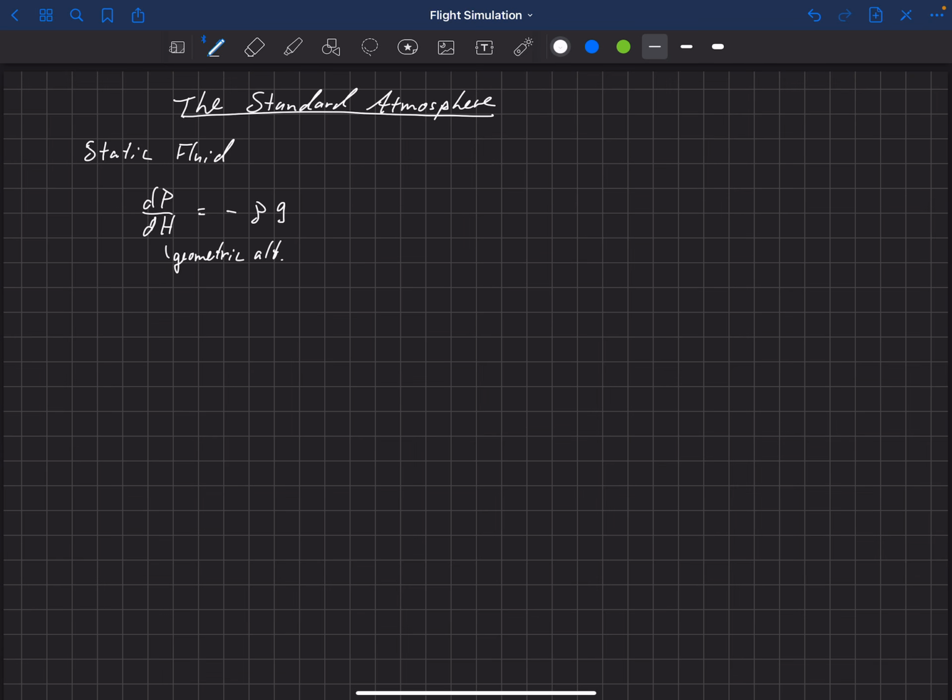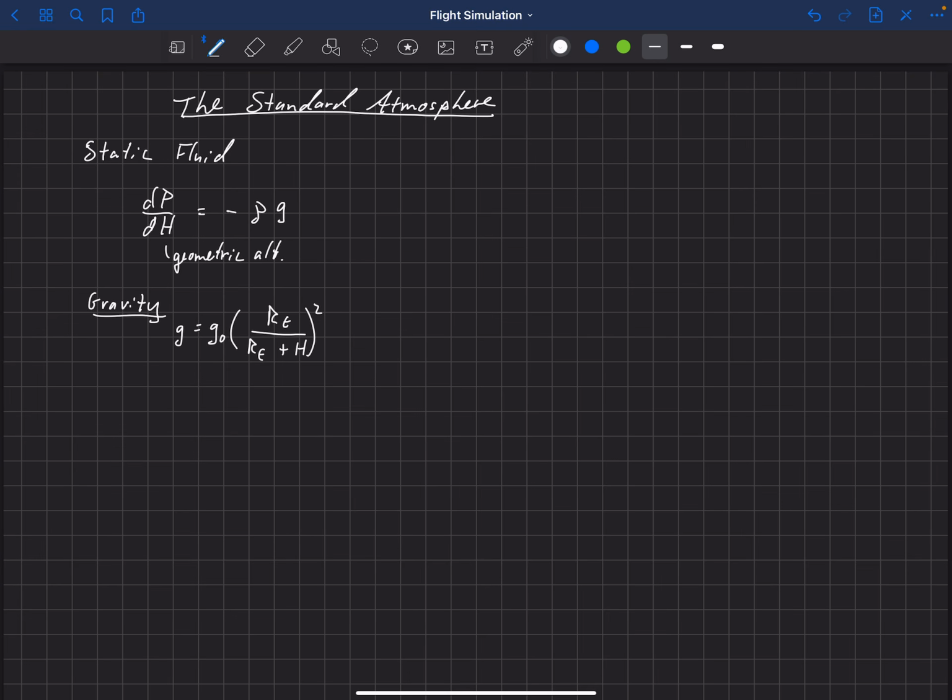First of all, gravity actually varies with altitude. As you get further away from the Earth, we have Newton's laws of gravitation, and so we can write that g is equal to some g naught, which we'll see what that is in just a second, times RE, which is the radius of the Earth, divided by the radius of Earth plus the geometric altitude, squared.